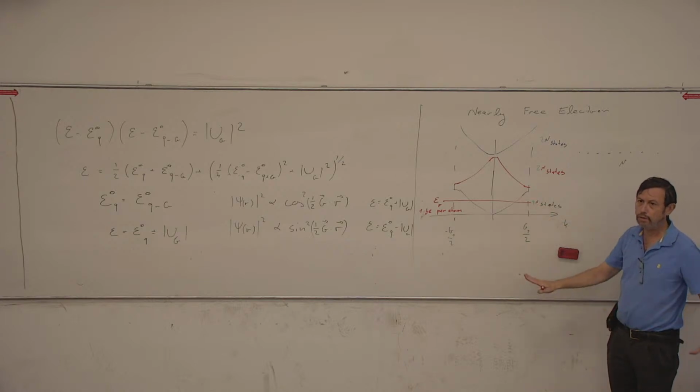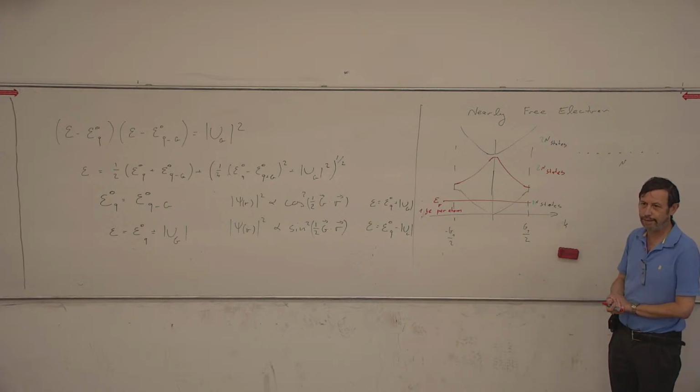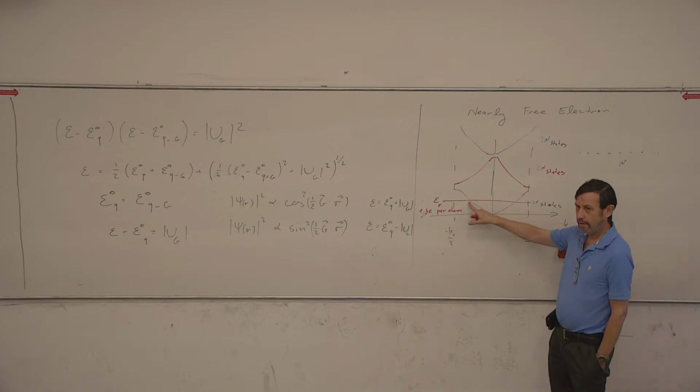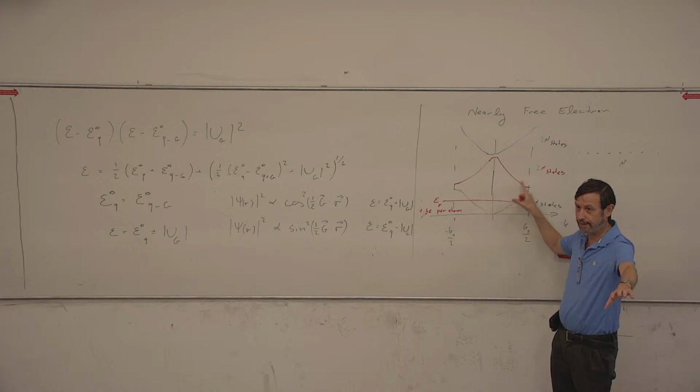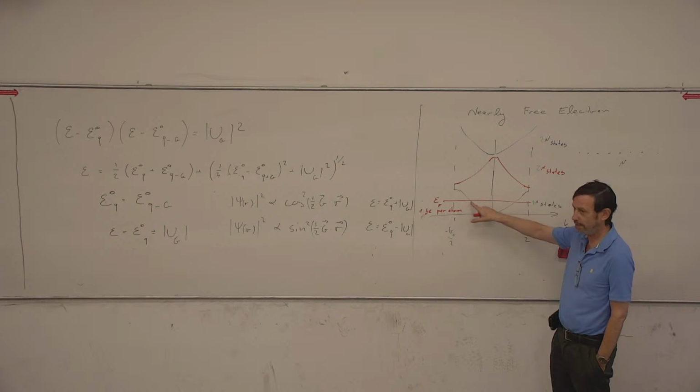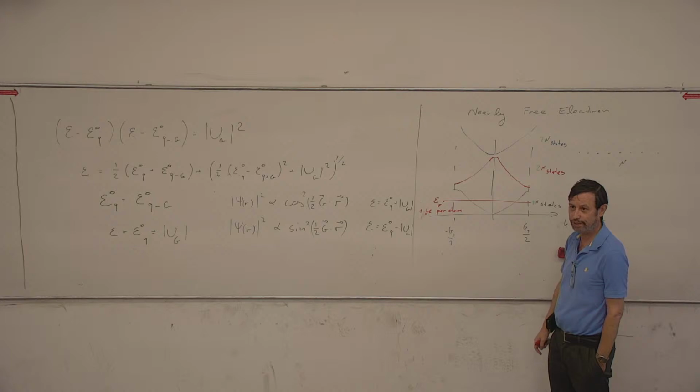That's not close to a degeneracy point, not at the edges of the band. The wave functions are nice propagating waves. I put in some small voltage to carry current. I'll lose some of the left-going states. I'll move them to the right or vice versa, depending on the direction of the field. And I'll have a nice current going through this. So it's a metal.